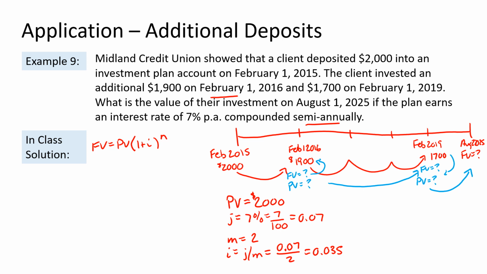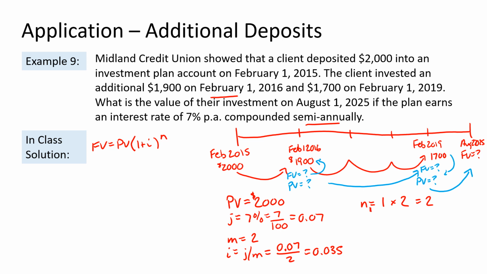Our last piece here is our number of compounding periods. Again, N is equal to our number of years. For our first calculation, it's only 1 year, February 1st, 2015 to February 1st, 2016, times our number of compounding periods per year, which is 2. So our value for our first calculation is 2. I'm going to call that N1.